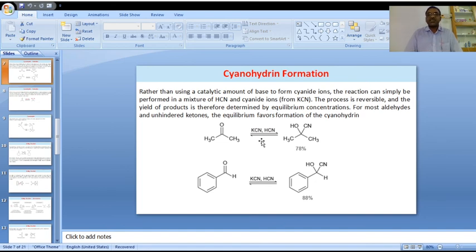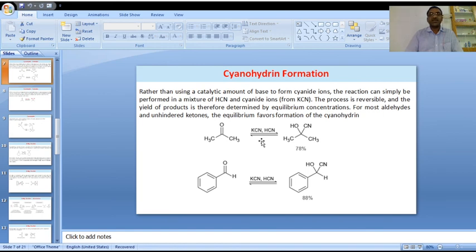The process is reversible. Generally, this cyanohydrin formation reaction is a reversible process, and the yield of product is therefore determined by equilibrium concentrations.